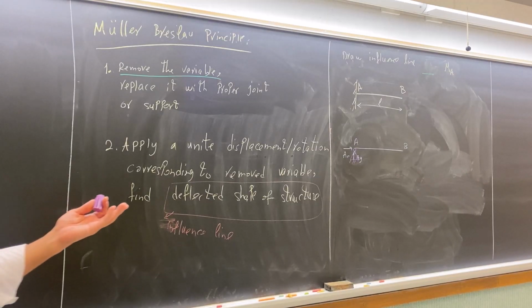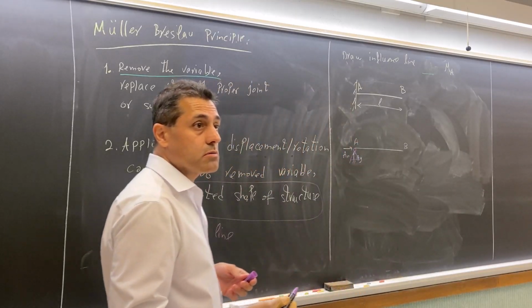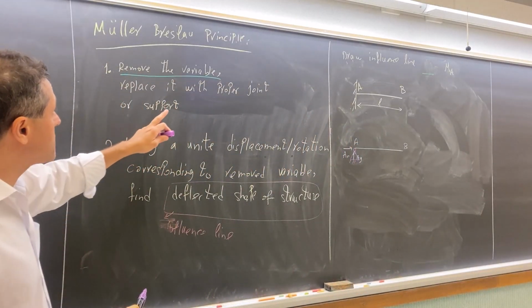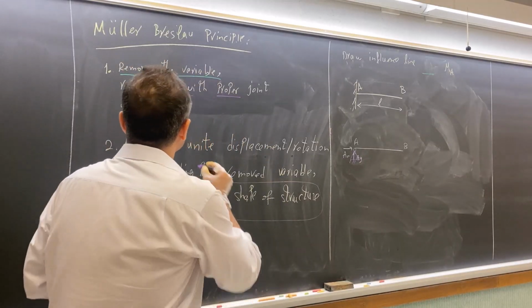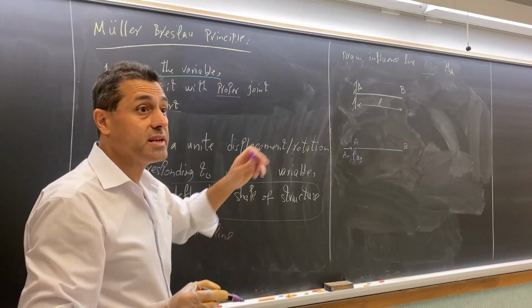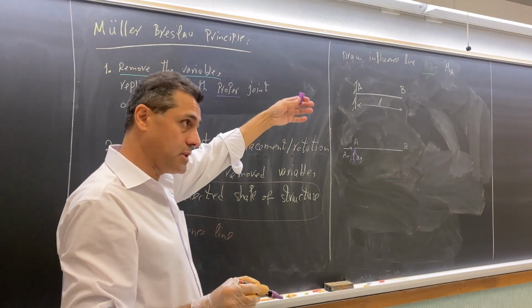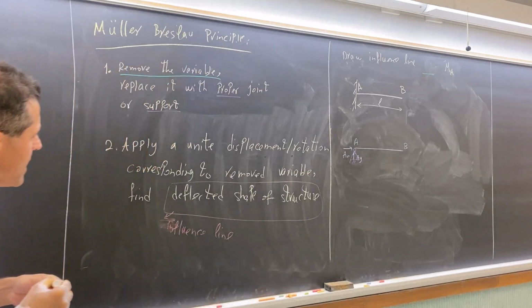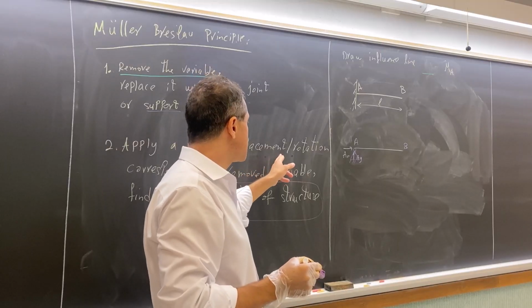Yes, because it doesn't have moment, but it has horizontal and vertical reactions, so it's a pin support. So when we say replace it with a proper support, this is what we mean. Sometimes you need to replace it with a joint when it is an internal joint. Later you will see.